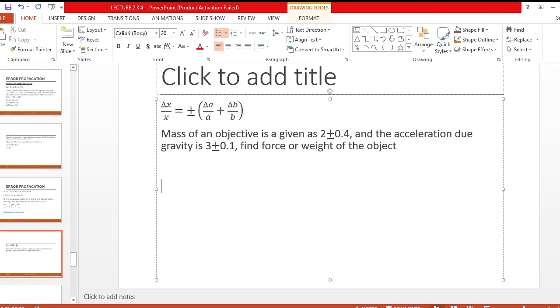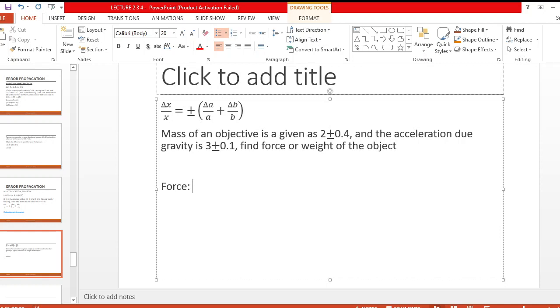Now to tackle this question, we know from the laws of motion, basically the first law, that force is a product of mass and acceleration. Is it the second law or the first law?